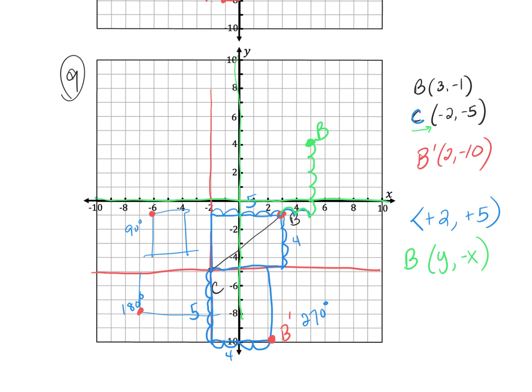So B at (5, 4) becomes (4, -5). And that makes sense because 90 degrees, 180 degrees puts me in quadrant 3, and 270 puts me in quadrant 4. So that's at (4, -5), which is here.